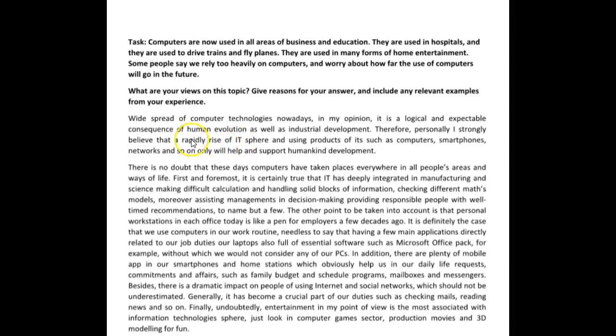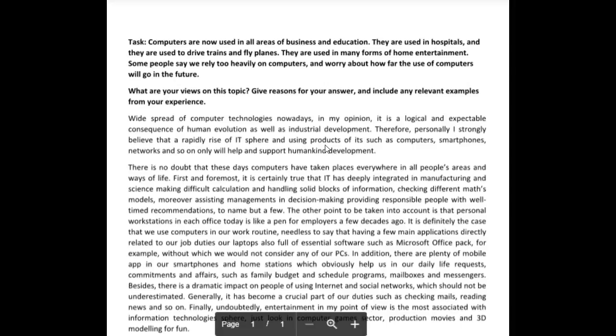I strongly believe that a rapid rise of the IT sphere and using its products such as computers, smartphones, and networks, and so on, will only help, okay, so reverse this, and support humankind's development. Here you needed an apostrophe S. Okay, so it's a variety of changes here, mostly some grammar things, but nothing that can't be dealt with.